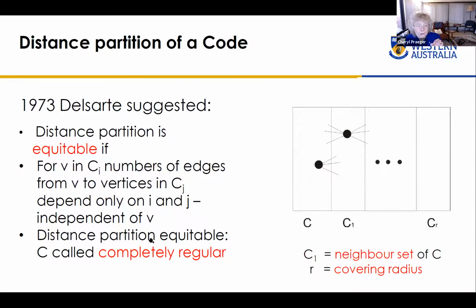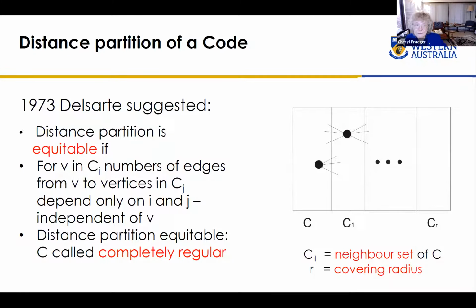It should not depend on the choice of V in C_i. Okay, it's pretty complicated. You won't have to remember this for very long. But if the distance partition is equitable, then Delsarte called this code completely regular.